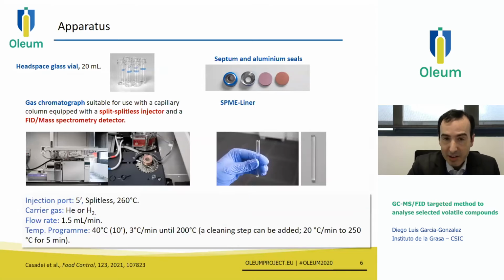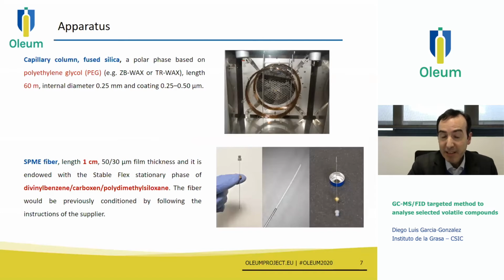So these are some of the materials necessary for the methodology. One important point is to have in the GC instrument a splitless injector with a liner adapted to SPME sampling. In fact, the SPME fiber that we used is the one with the triple composition.